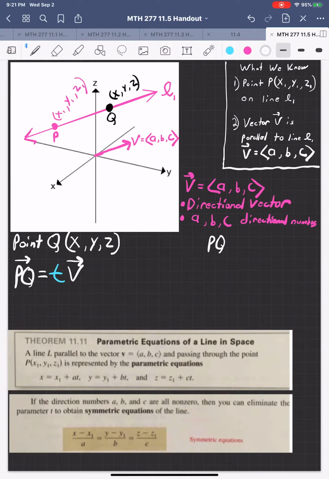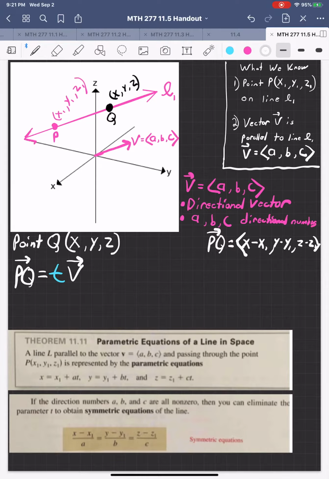This is right out of the first couple sections. So vector P to Q is just going to be terminal minus initial. So x minus x sub 1, y minus y sub 1, z minus z sub 1.